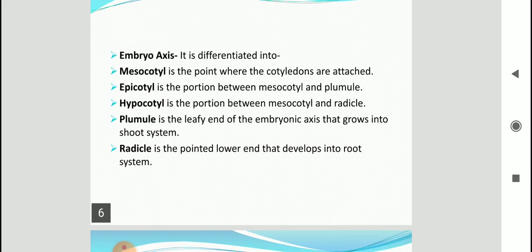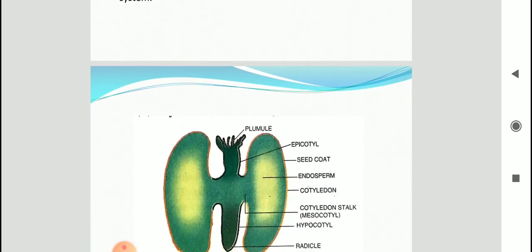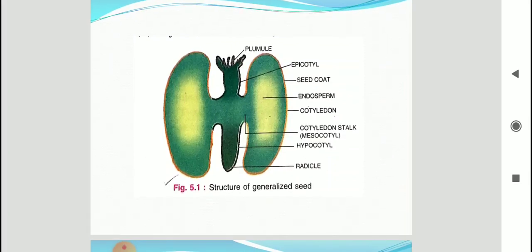Children, this will be very clear if you see the generalized seed structure. This diagram is there in the book. You can see the two cotyledons, and there is a point, just like wings, the two cotyledons are attached. So that point, the place where the cotyledons are attached to the axis, we call it mesocotyle.